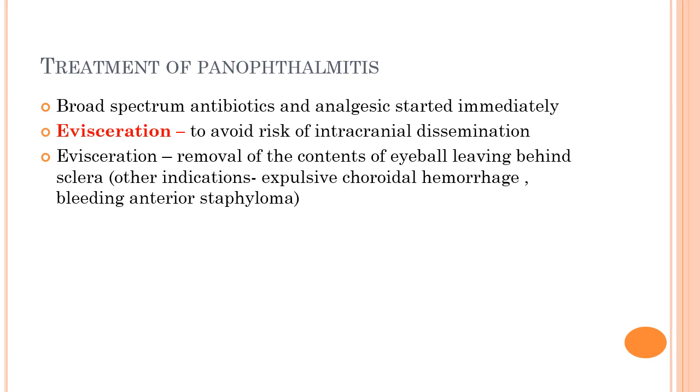Evisceration is the only treatment in case of panophthalmitis, to prevent the spread of infection to your cranium and other structures of the eyeball. Followed by that, broad spectrum antibiotics and analgesics are also started. So this is how the treatment is done.